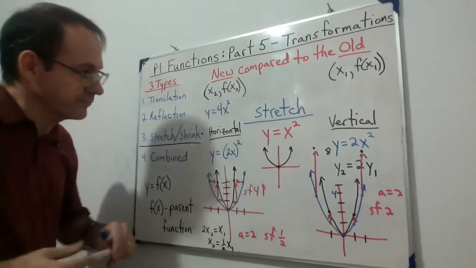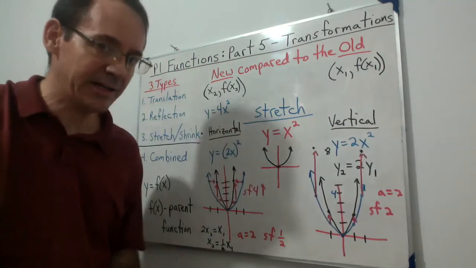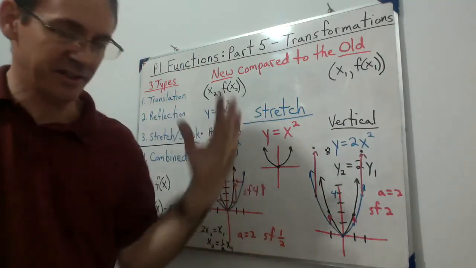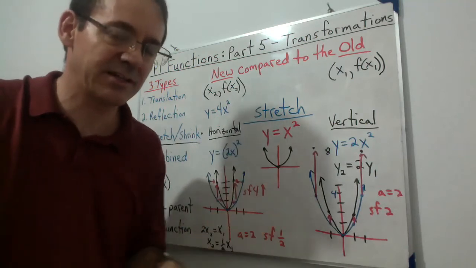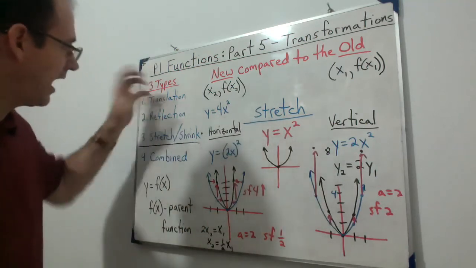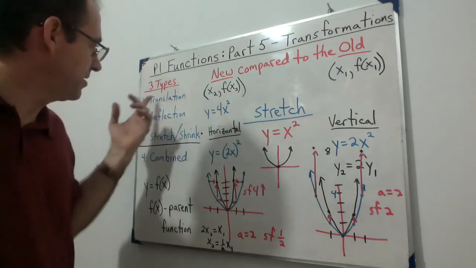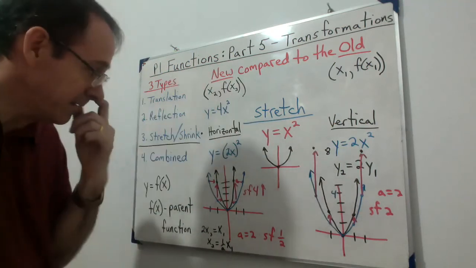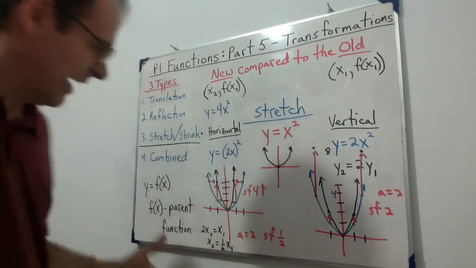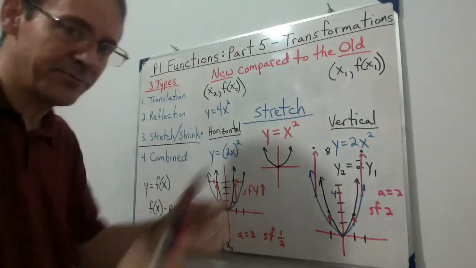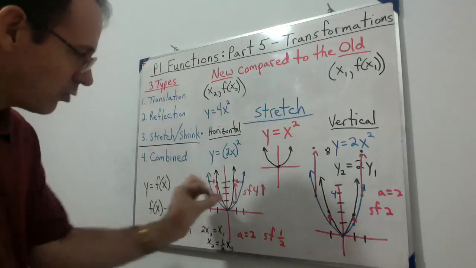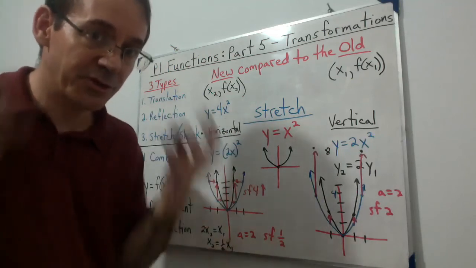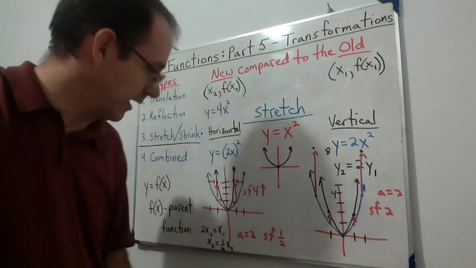So again, these can be very confusing, especially when you look at all these parabolas and they essentially look basically the same. You don't see the obvious transformation like you do with the translation and the reflecting. They all look the same, and unless you put them on top of each other and actually look horizontally or vertically, it's almost impossible to visually tell what's going on.